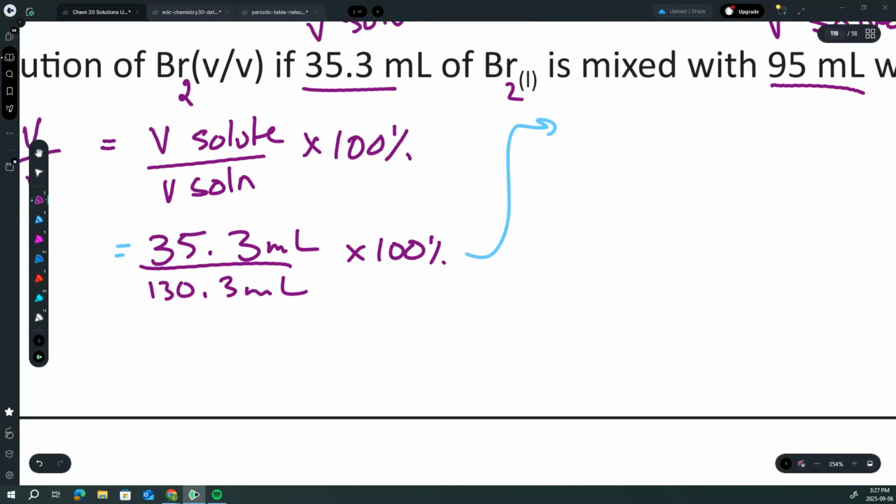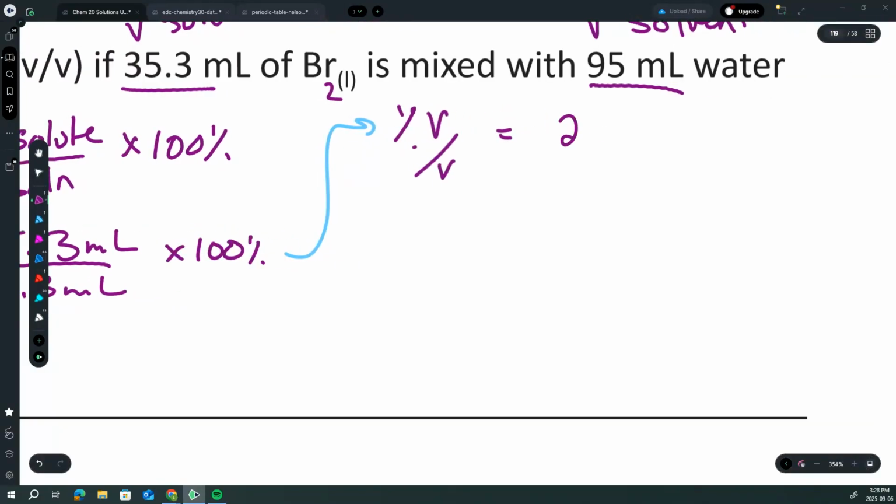If I take 35.3 divided by 130.3 and then multiply that by 100, I get percent volume by volume equal to 27.0913. It keeps on going forever.